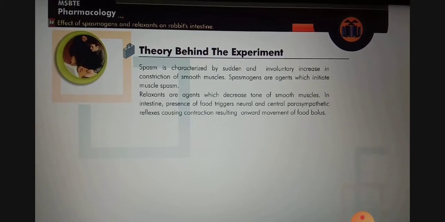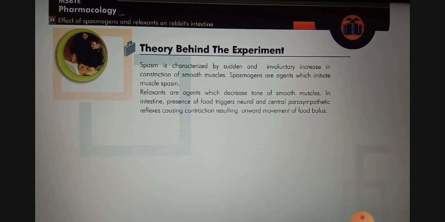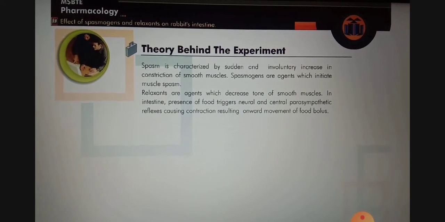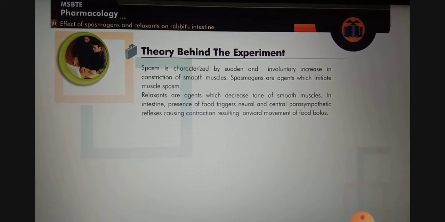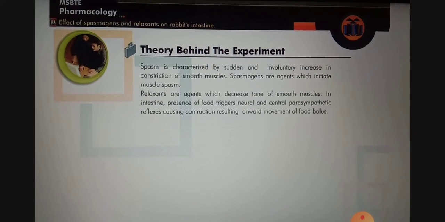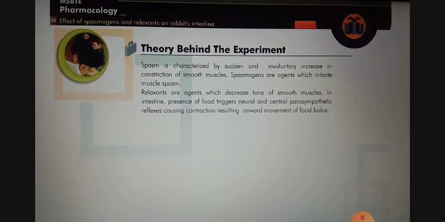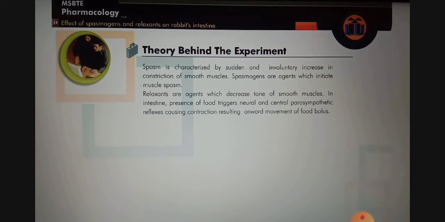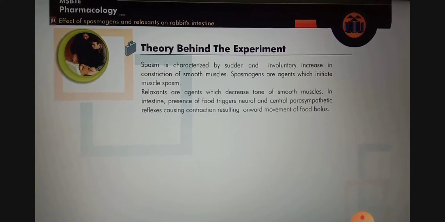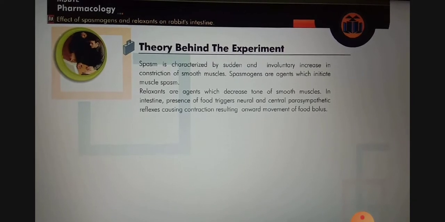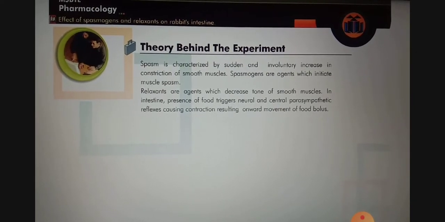Okay, so spasm is nothing but the sudden or involuntary increase in contraction of smooth muscles. That condition is known as spasm, and the agent which causes or initiates such a spasm is known as a spasmogen. And relaxants are the agents which decrease the tone of smooth muscles. They cause the relaxation of those smooth muscles.